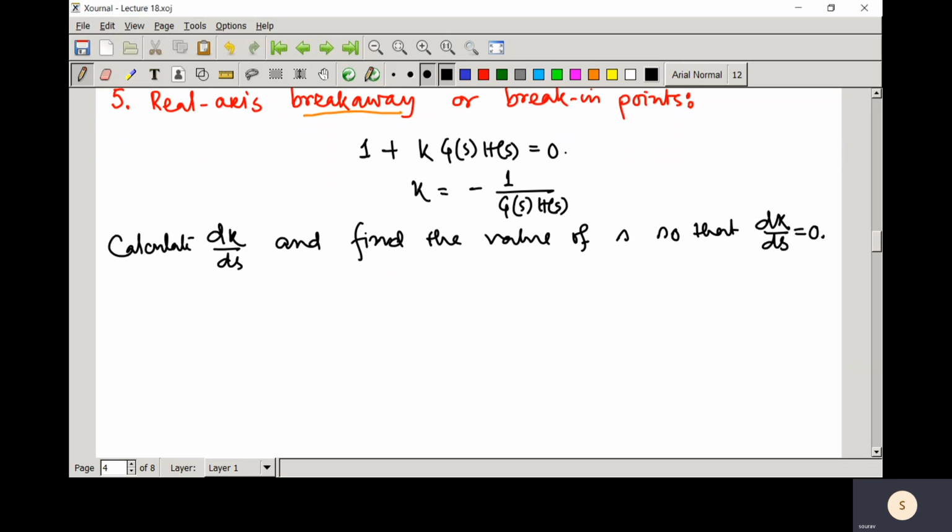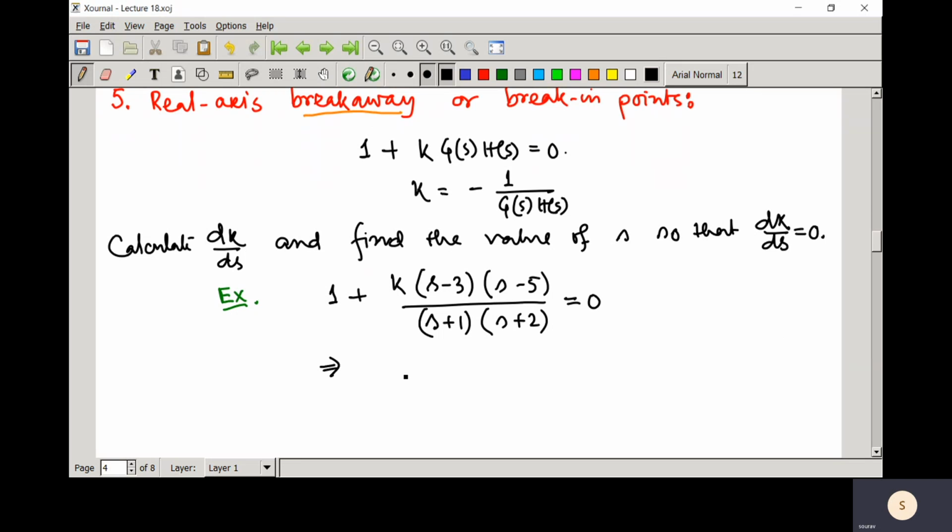Let us just take one example. Suppose we have a characteristic equation like 1 plus k times (s minus 3)(s minus 5) divided by (s plus 1)(s plus 2).